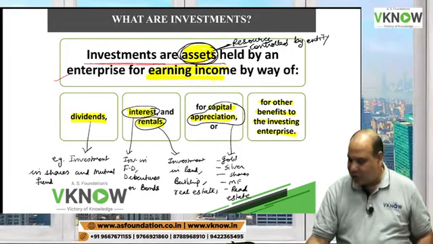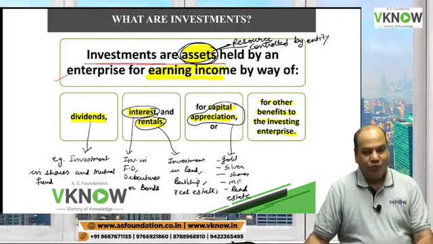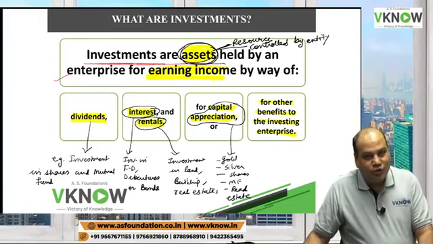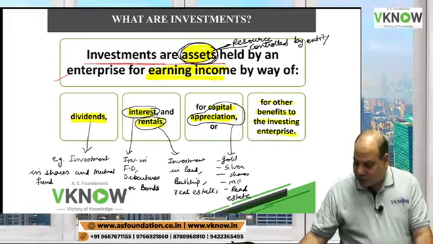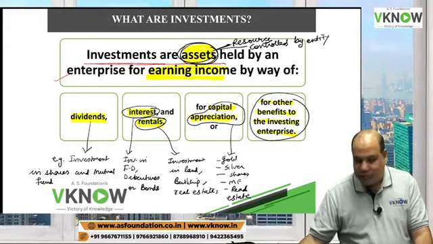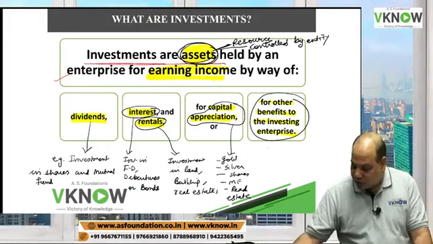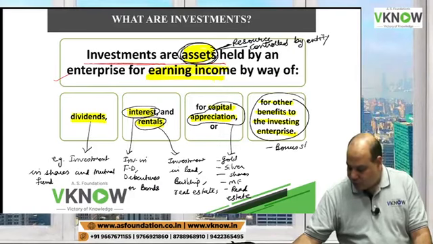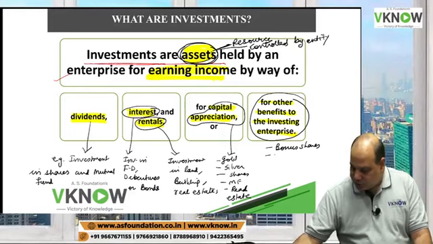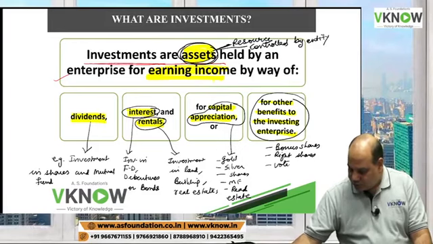Here the objective of making an investment in properties is to earn capital appreciation, and sometimes there can be other benefits also. Other benefits would be, for example, bonus shares. You may get right shares, you get voting rights, you get control over the company.